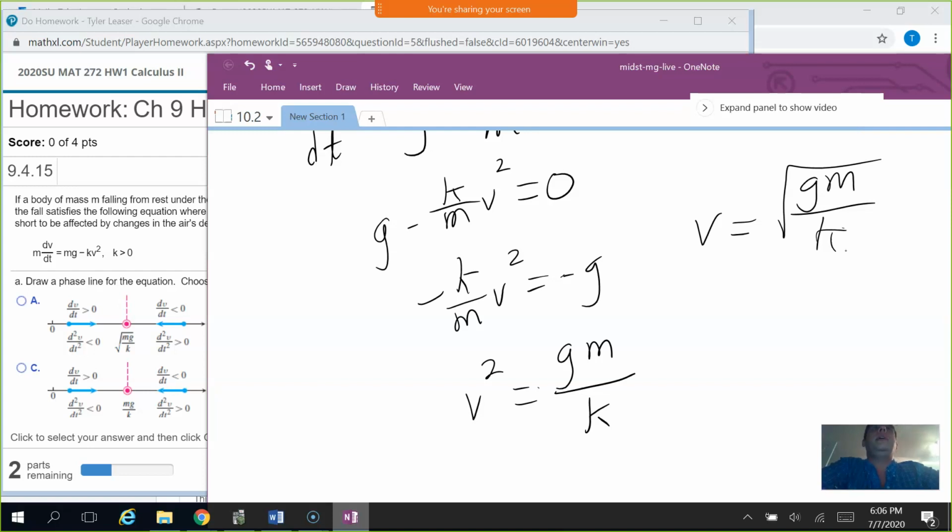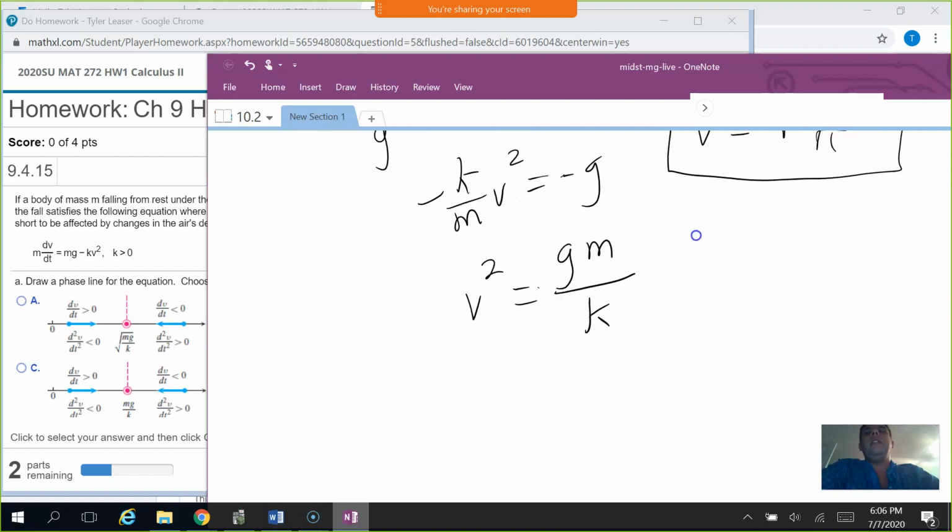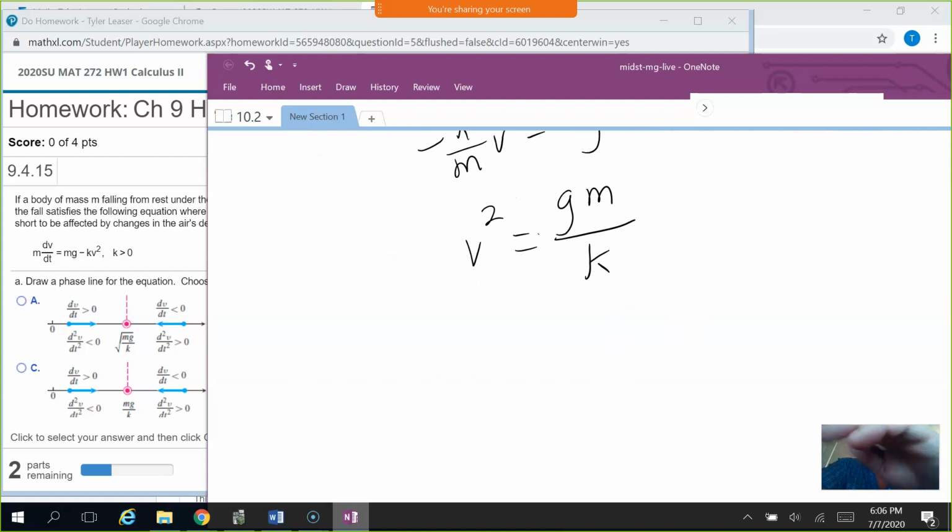Or, well, I guess it depends on the reference frame, but we're just assuming that a positive velocity is falling straight down. So we're only going to take the positive version. So this is going to be my critical point, the square root of gm over k.